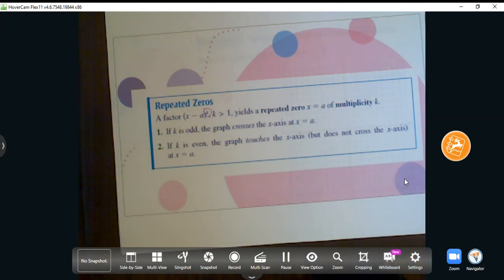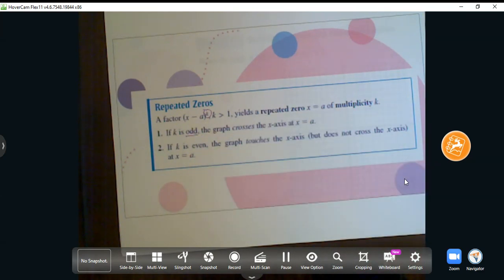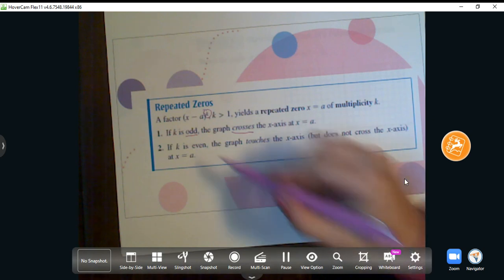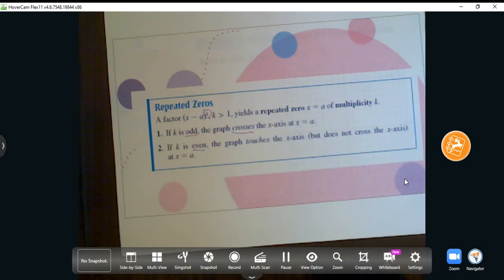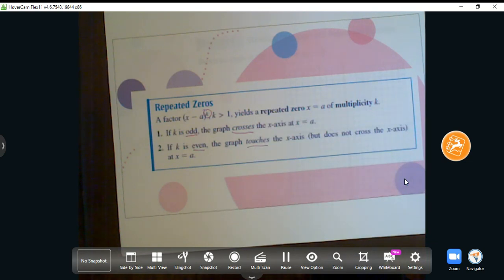So when I talked about our 0 a second ago, remember that it had an x squared there. So your multiplicity would be 2 in that case. So if k is odd, it's going to cross the x-axis. If k is even, it's going to just touch the x-axis.